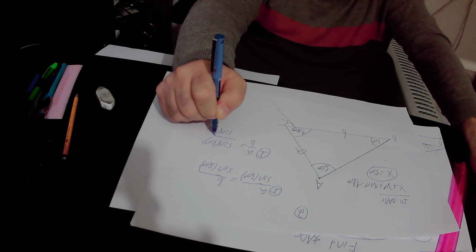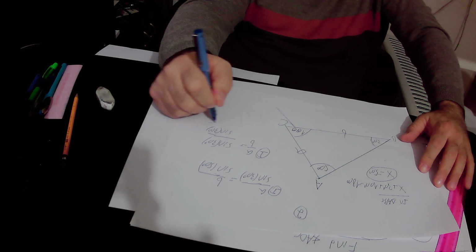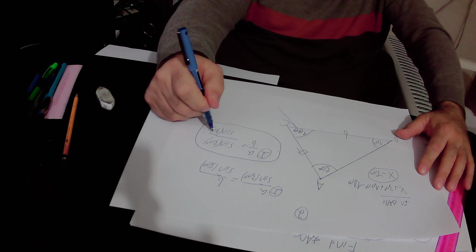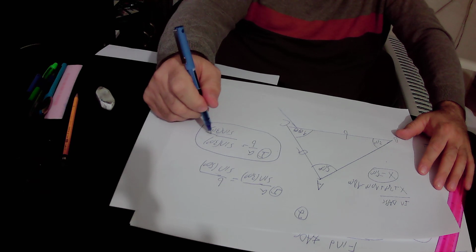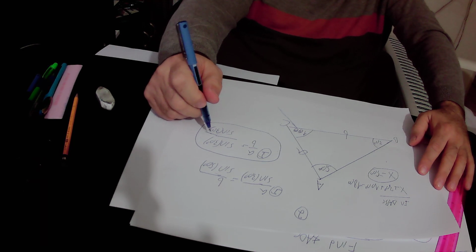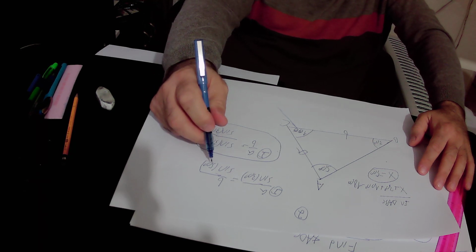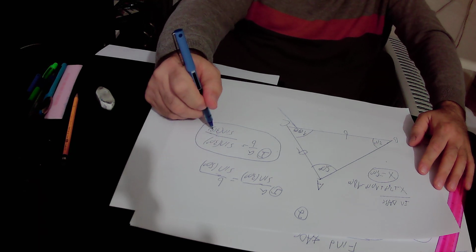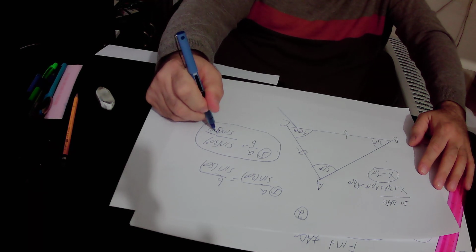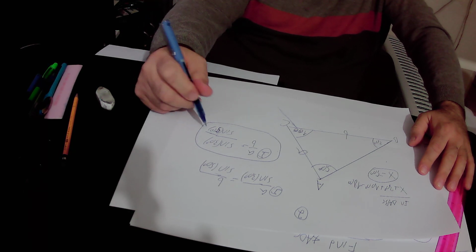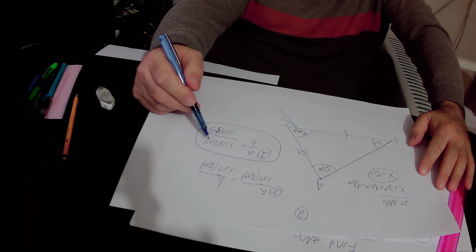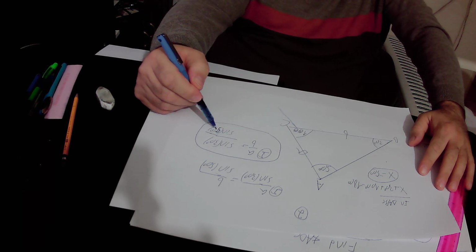Okay, so according to equation number 1, we found out that A over B equals sine 30 degrees over sine 50 degrees.